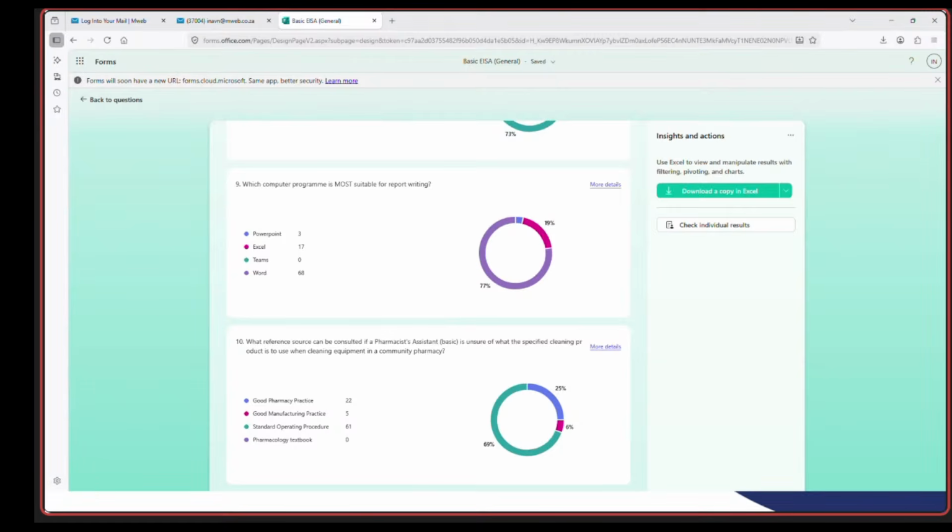It gives you the how and the with what. So the SOP is specific. And if you look at that word in your stem, it says unsure of what the specified cleaning product is. That is a giveaway to know that this is a SOP. So 69% of you had that one correct.